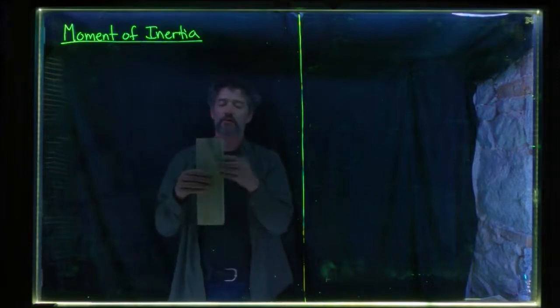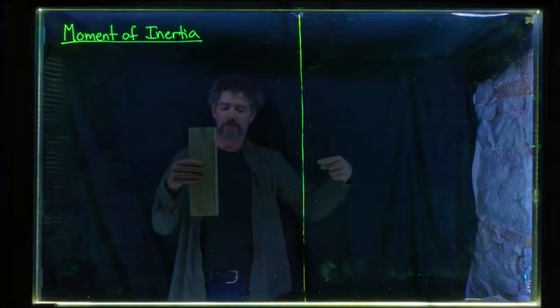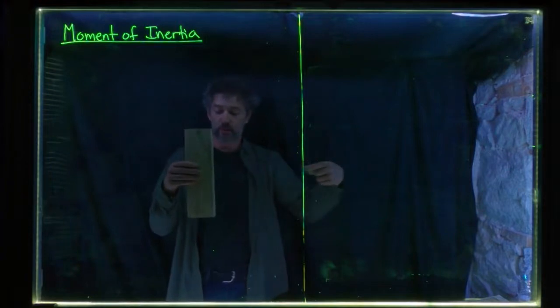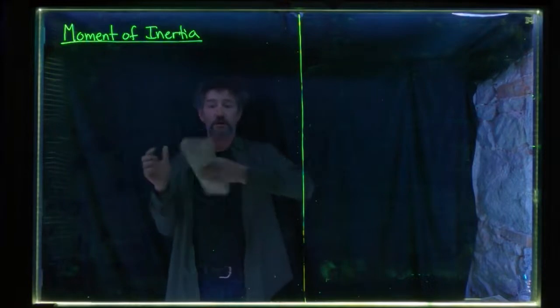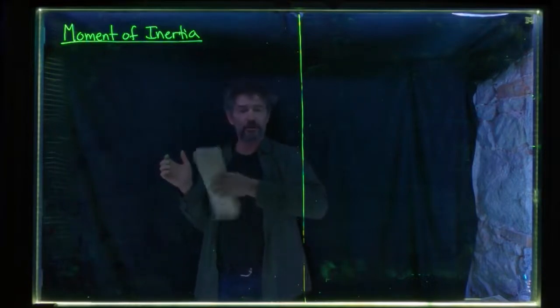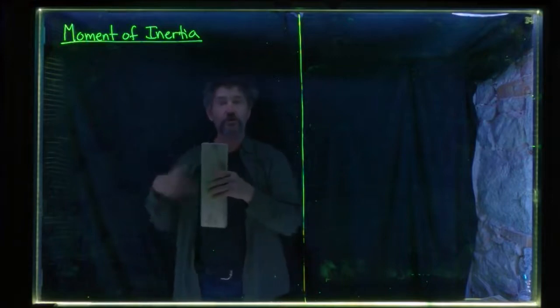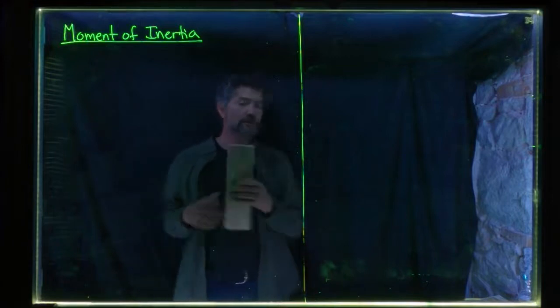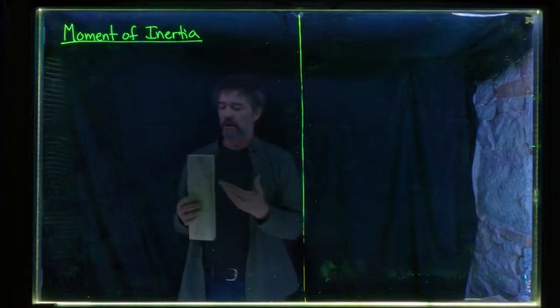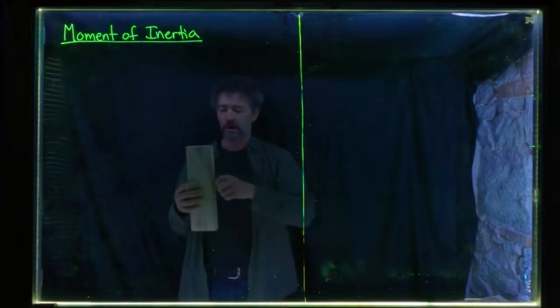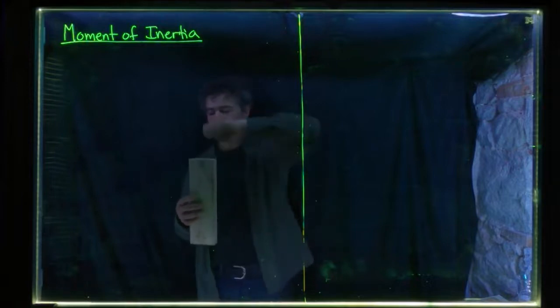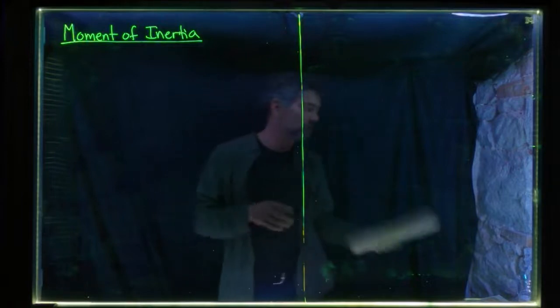However, if I wanted to rotate it about a horizontal axis passing through the center of mass like this, then I've got to exert a twisting force like this. And here you can just feel it. It's much more difficult to change the angular velocity of this object, to induce an angular acceleration. So the resistance of a rigid body to changes in its angular motion depends upon about what axis you are trying to change its angular velocity.